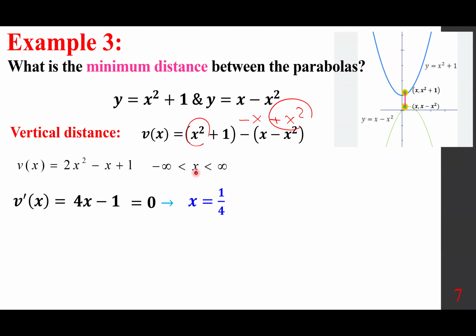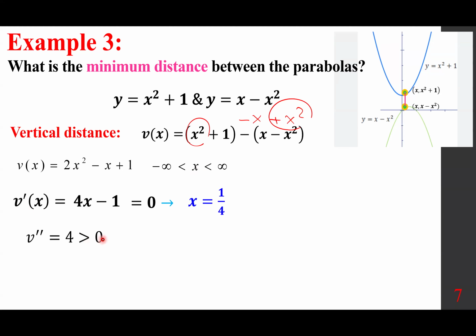Now, the question is, which one is it? We don't know. And how do we check it? Either by the first or the second derivative test, it's up to you. Obviously I would choose the second, because V double prime is just a number and it's always positive.